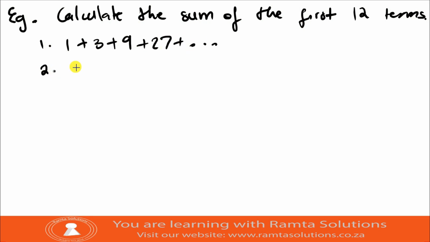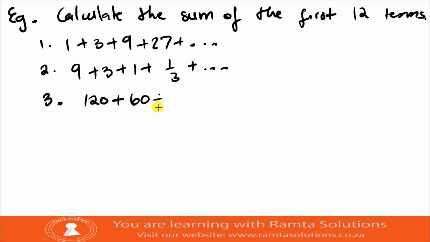Number 2, we have 9 plus 3 plus 1 plus 1 over 3, and so on. Number 3, we have 120 plus 60 plus 30 plus 15, and so on. So, without any waste of time, remember this question asks us to find S of 12.